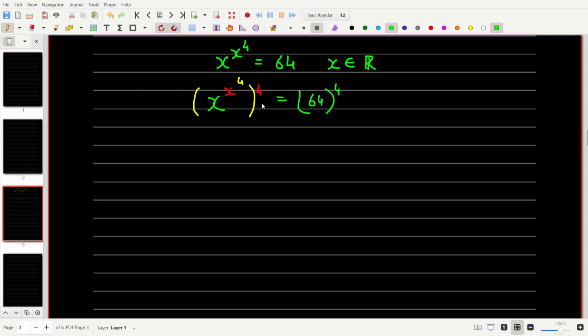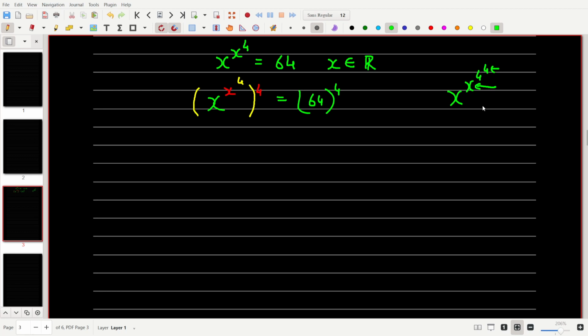Now this is important to understand. I'm not doing x to the power of x to the power of 4 to the power of 4. This is not what I'm doing. This 4 is at the level of x. It's here. So this is important to understand.